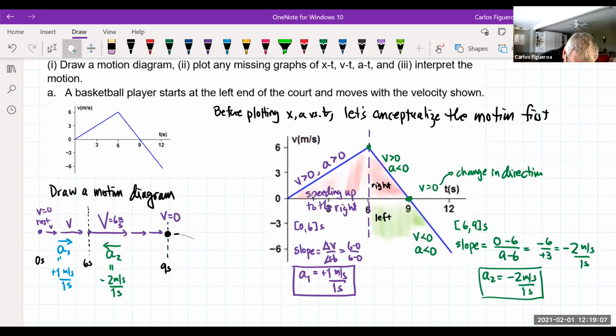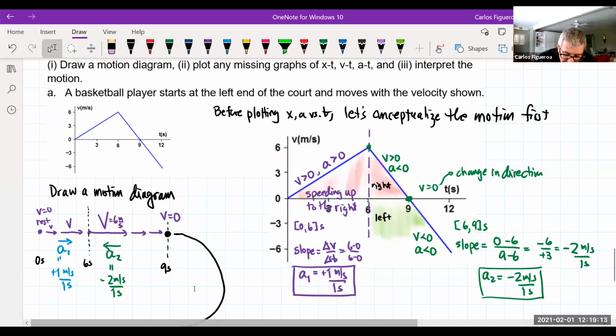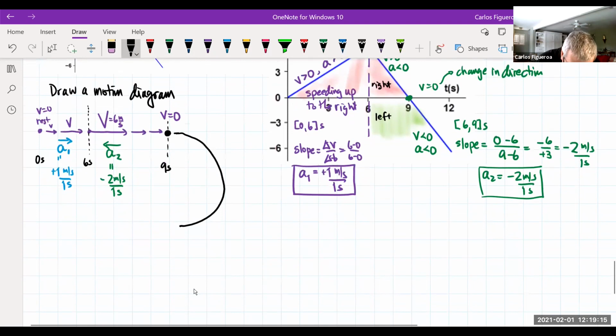So now, what do I do? I continue to accelerate. And this time, I'm still at 0, but now I'm going to speed up in the opposite direction. So if I speed up in the opposite direction, what am I seeing? Well, my speed's going to go up, but this time I speed up faster.